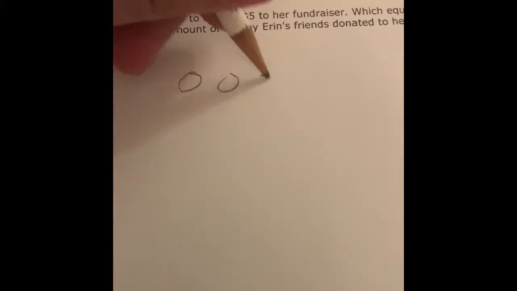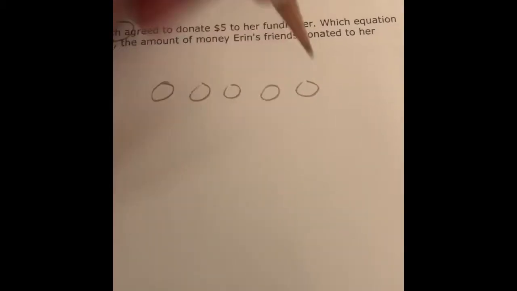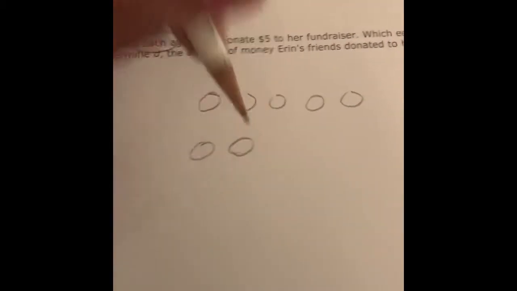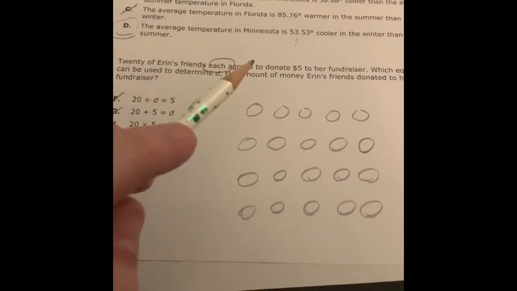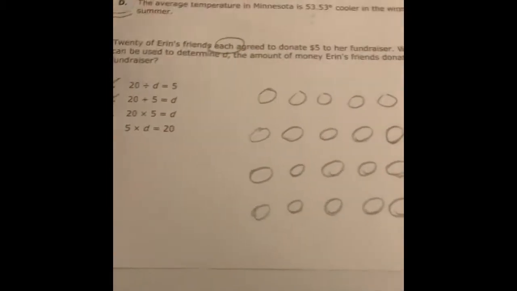Here's a friend, 2, 3, 4, 5, 6, 7, 8, 9, 10, 11, 12, 13, 14, 15, 16, 17, 18, 19, 20. Here's Erin's 20 friends. Each of them donated $5.